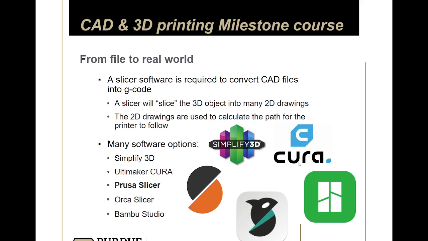A lot of them are based on each other, or they'll take snippets from each other because they're all open source, and they'll take good parts of one program and add them to theirs. These two other programs, Orca Slicer and Bambu Studio, are pretty heavily based on Prusa Slicer, but they all essentially do the same thing.